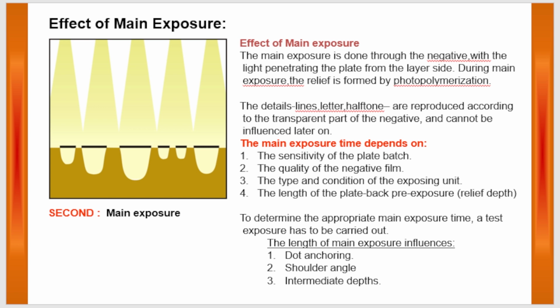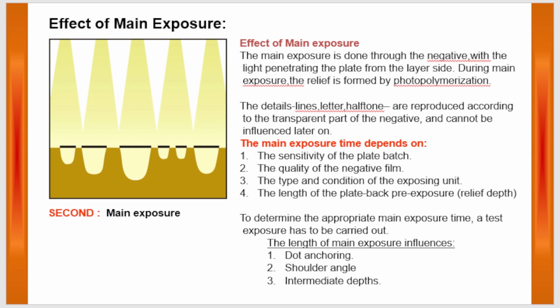Effects of main exposure. The main exposure is done through the negative with the light penetrating the plate from the layer side. During main exposure, the relief is formed by photopolymerization. The details, lines, and halftones are reproduced according to the transparent part of the negative and cannot be influenced later on.